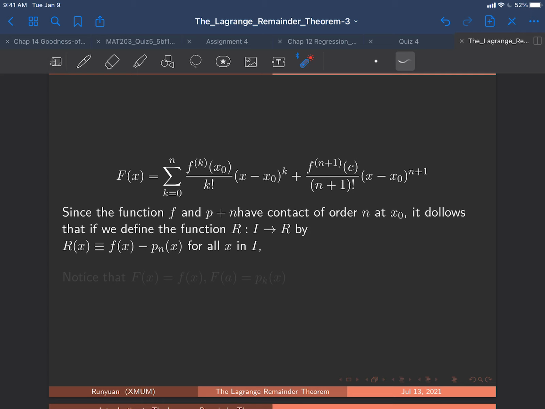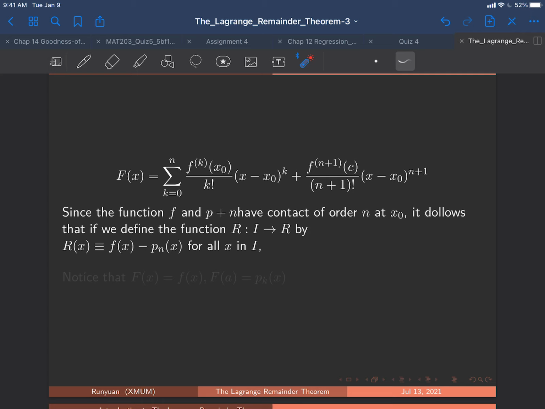And the function will have contact with the Taylor polynomial at x0.